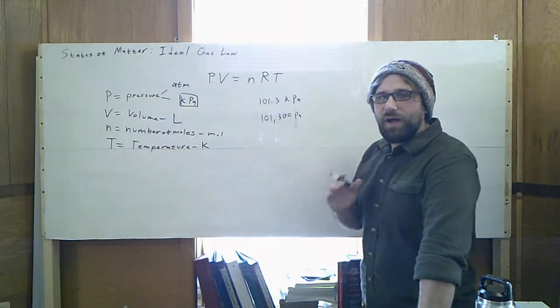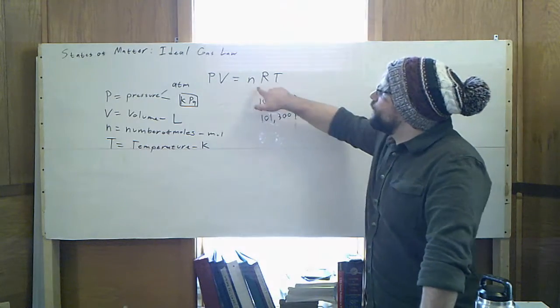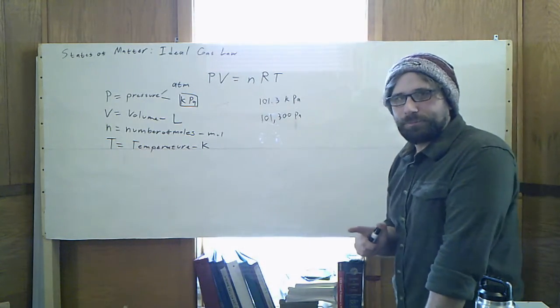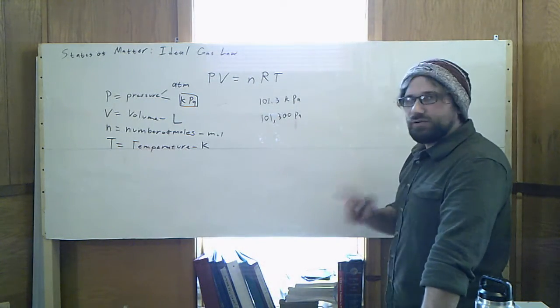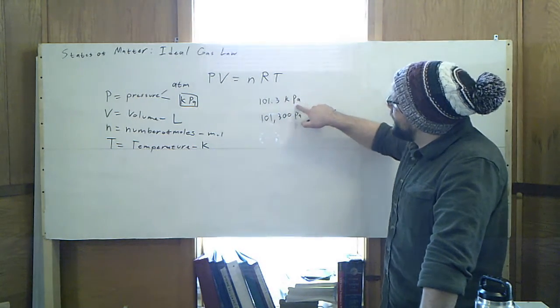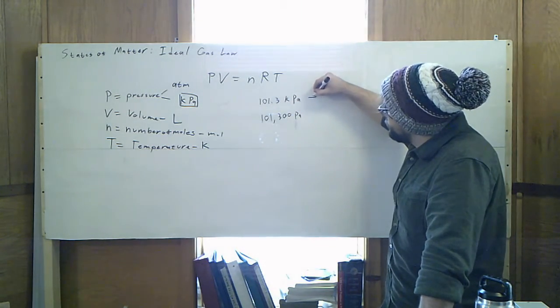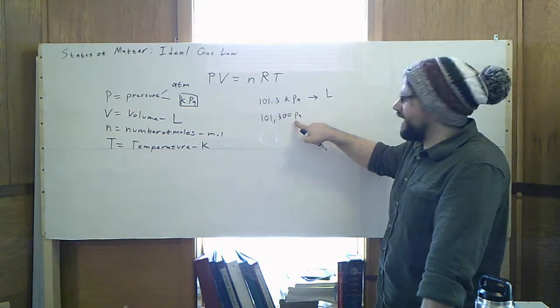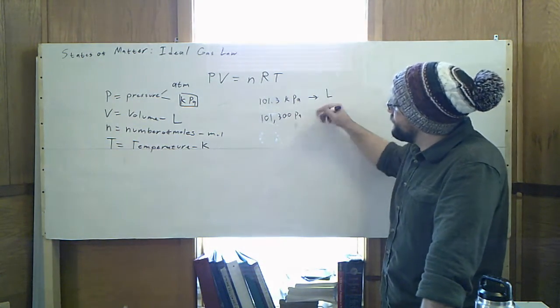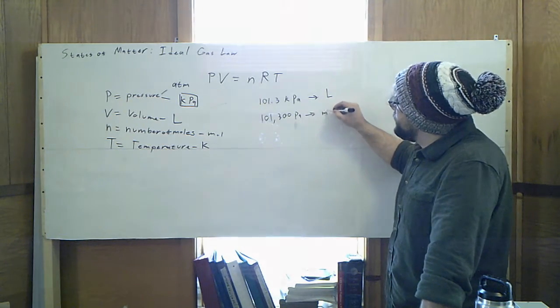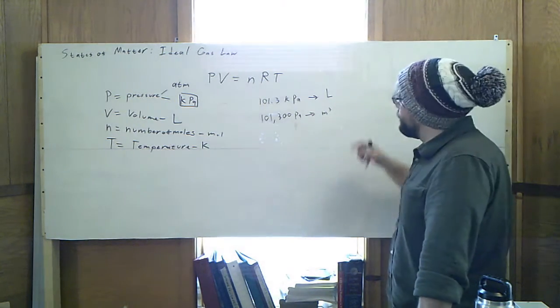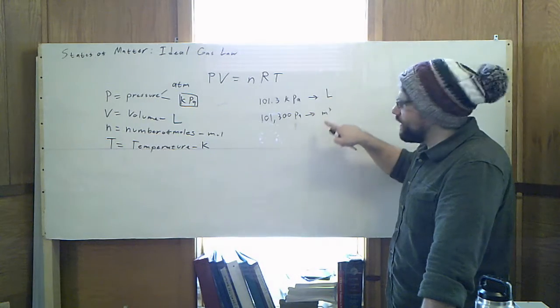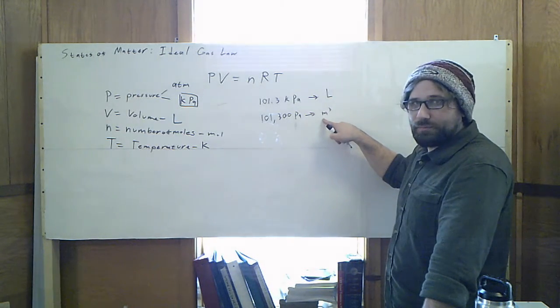Now, if I wanted to do conversions using the ideal gas law, to keep things nice and clean, if I'm using kPa, I would use liters. If I was just using regular pascals, so converting this K into 1,000, I would need to use meters cubed. Because remember, there are 1,000 liters in a cubic meter.